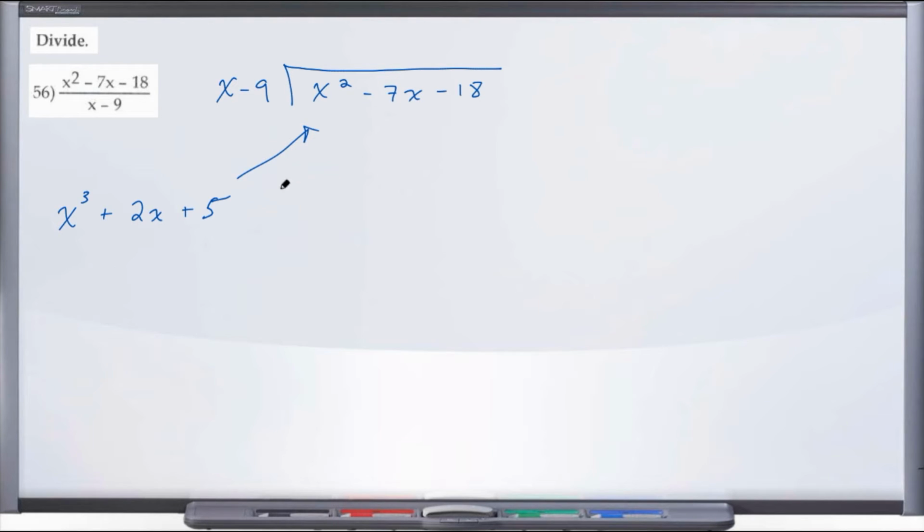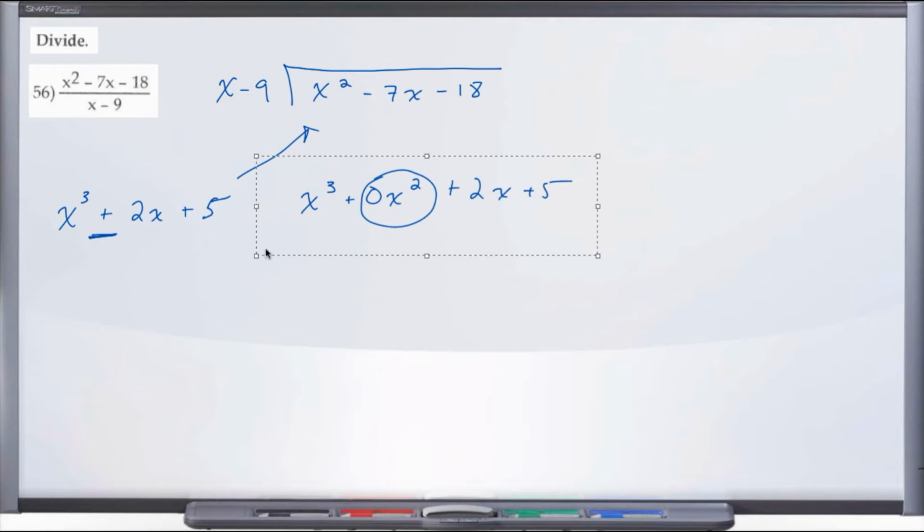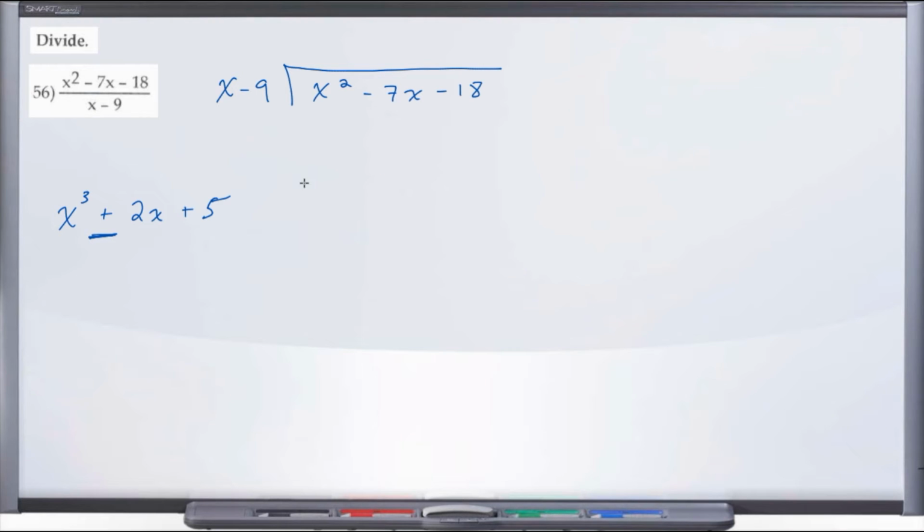So under your house here, you would have x to the third plus 0x squared plus 2x plus 5, right? Because we want to fill in any missing terms. That x squared is missing from the original, so just to make sure that everything lines up nicely, make sure you fill in any missing terms. All right, so let's go back to the task at hand.